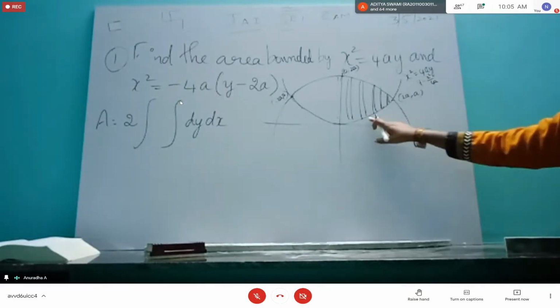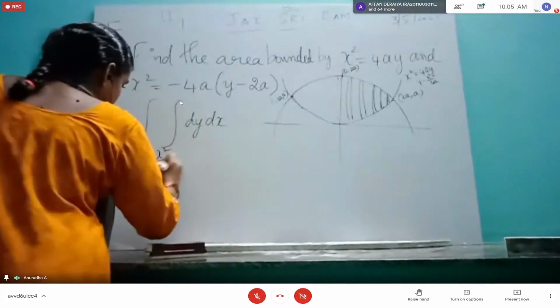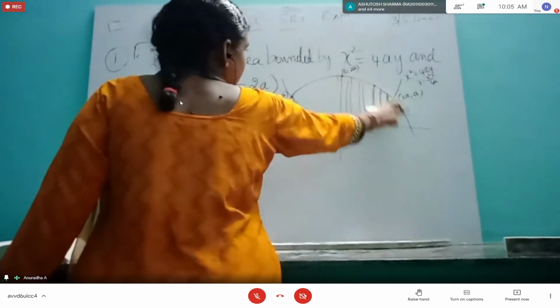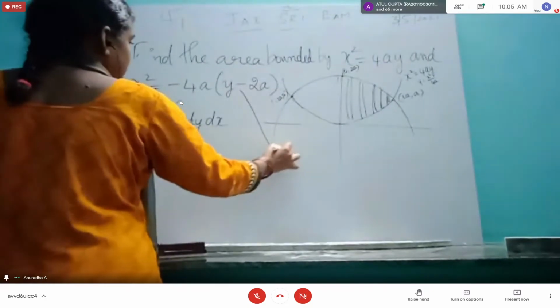Please remember which is down and which is up, then only we will be able to write. So this will be x square by 4a. The upper limit is the other parabola. From here you have to write what is y.